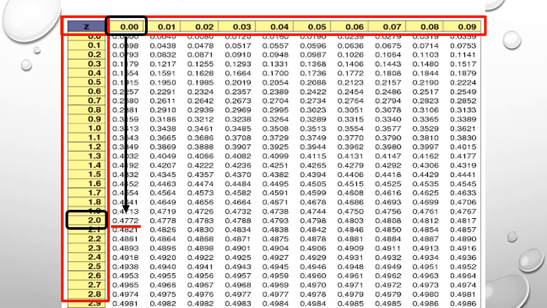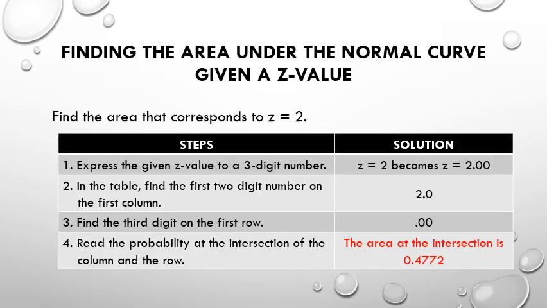Okay, klaro ba? So, mao na ni atong ibutang sa atong final nga solution. Then, here's step 4. The area at the intersection is 0.4772. I hope nasabtan.